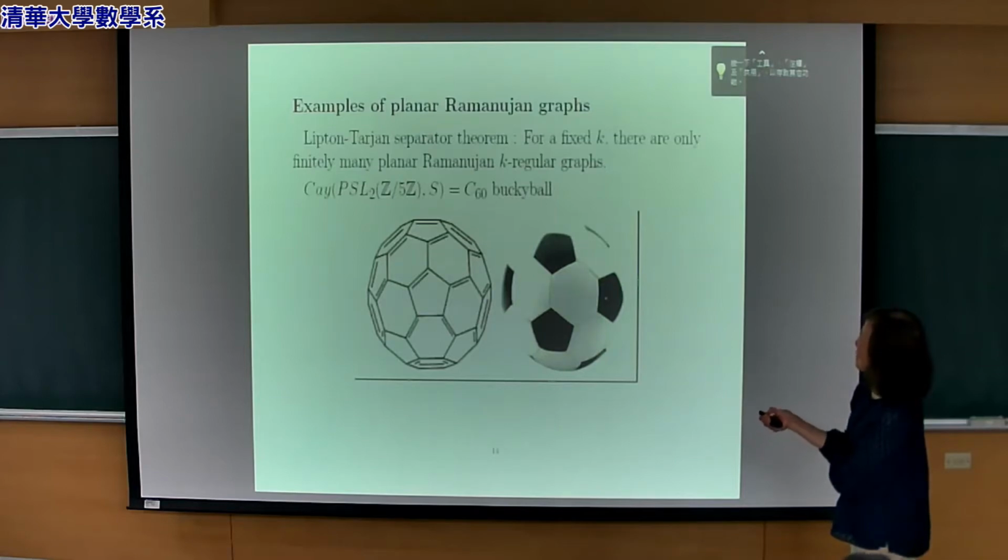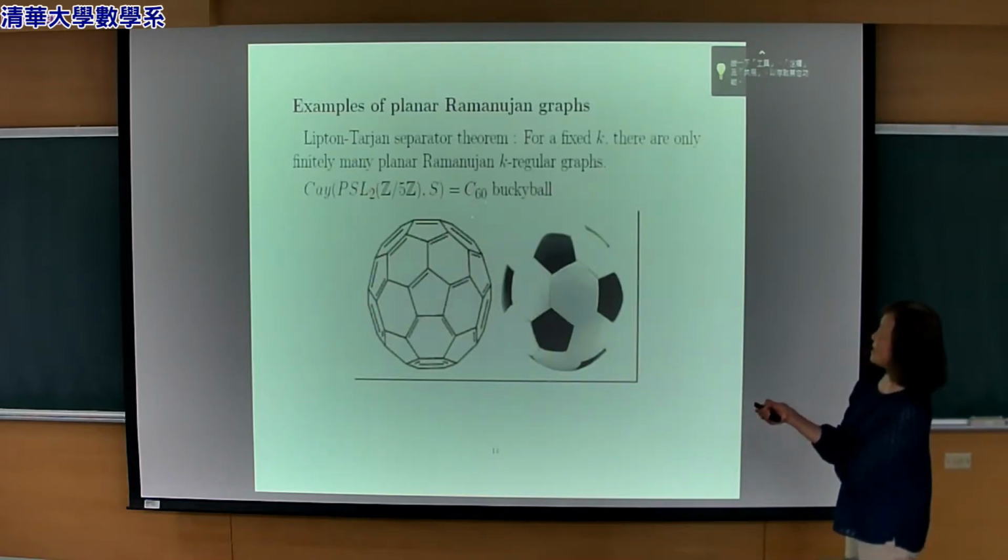So this is a 3 regular graph. It has 60 vertices. If we strategically add one more line so that each vertex becomes 4 regular, and put a carbon at each vertex, this is the famous C60 buckyball.